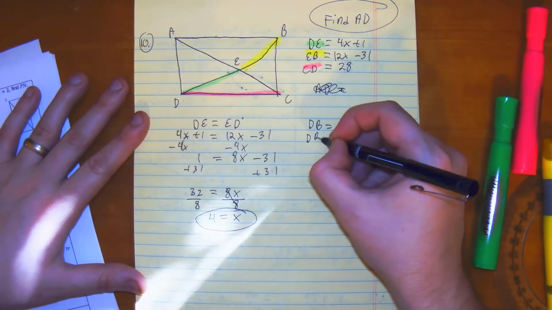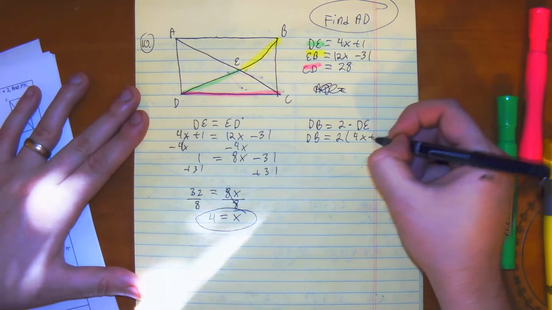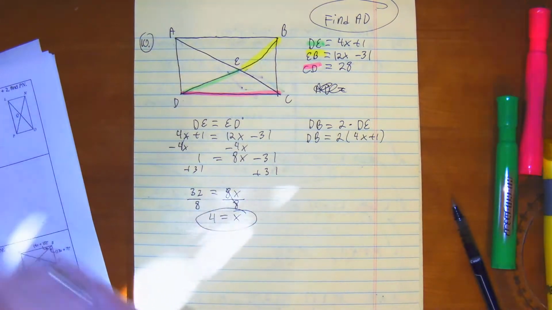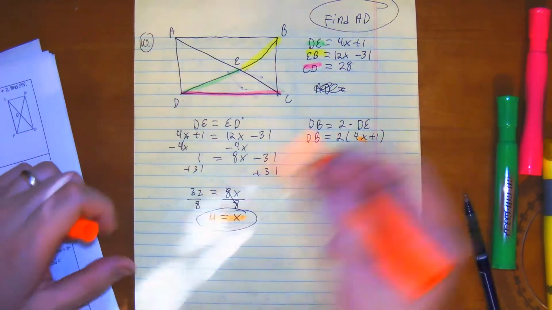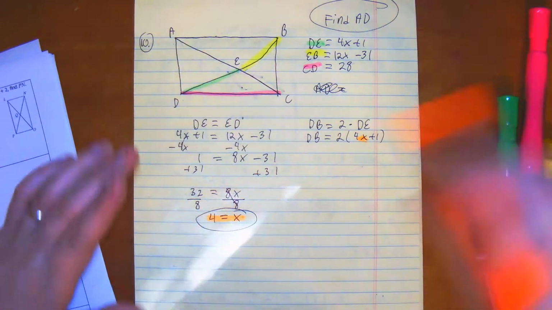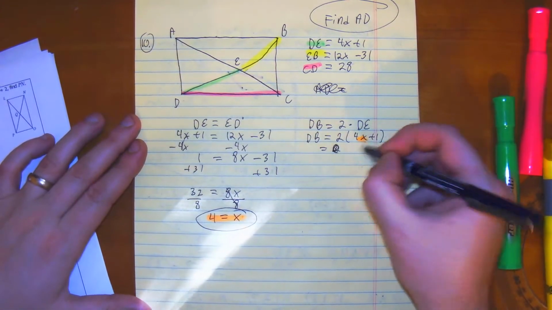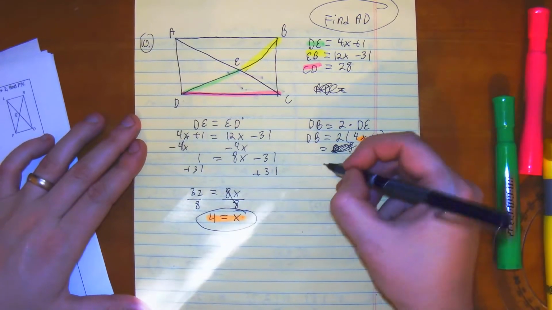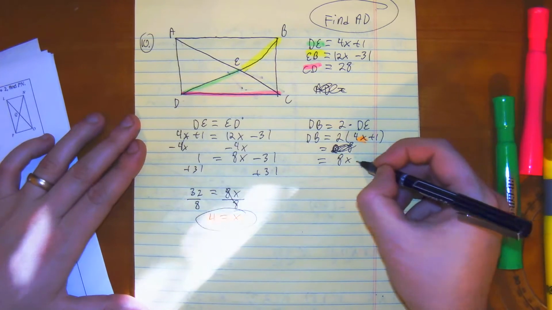So DB is equal to 2 times 4x plus 1. We do know the value of x, so we're going to plug that in. We can just make it 8x plus 2.